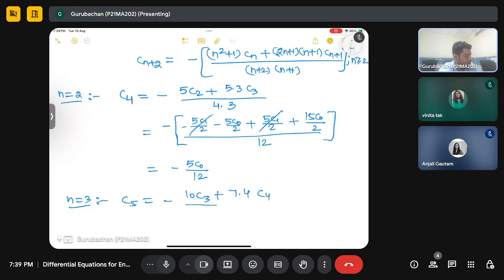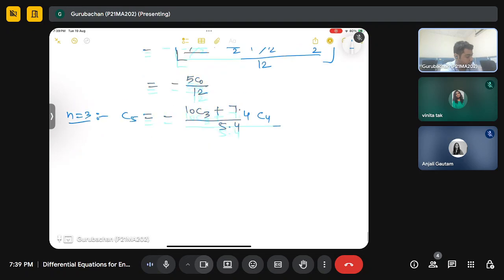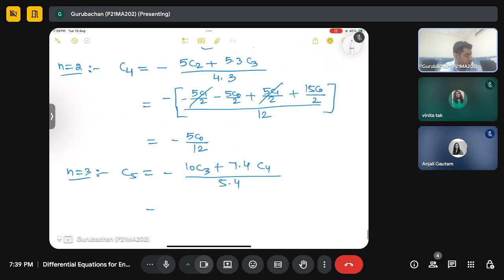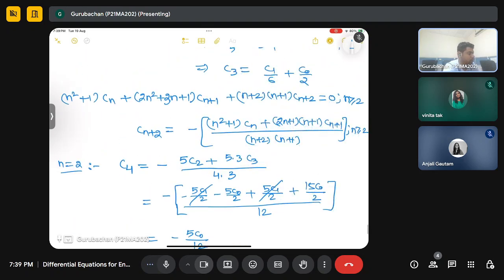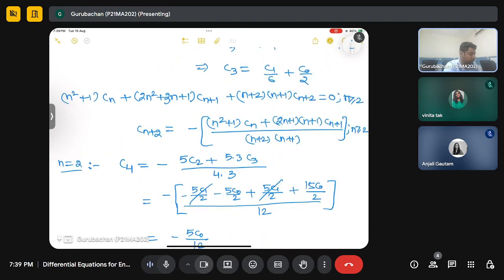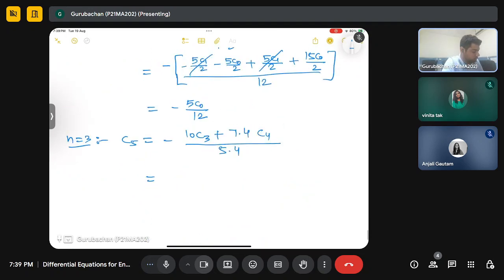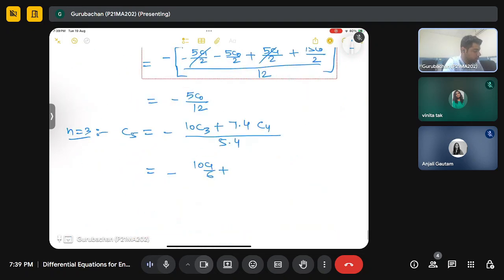C4 divided by 5 into 4. So this will give you C3 is C1 by 6 plus C0 by 2. C1 by 6 plus C0 by 2.